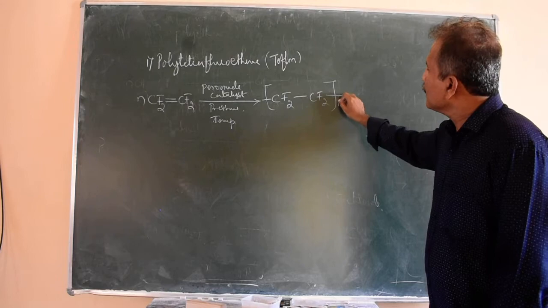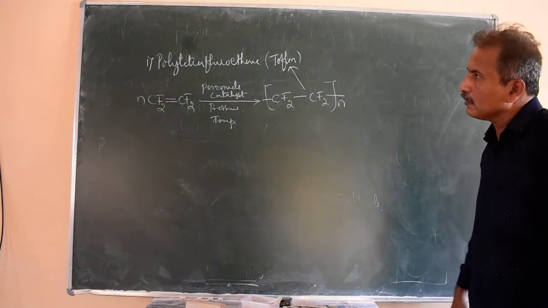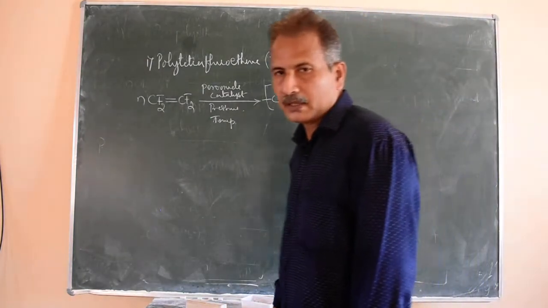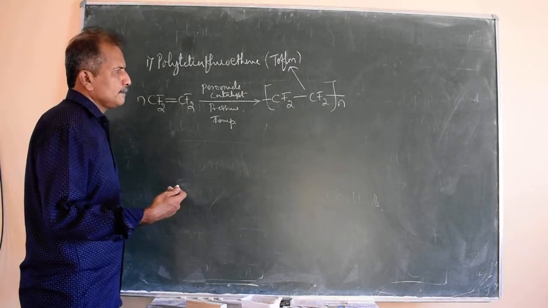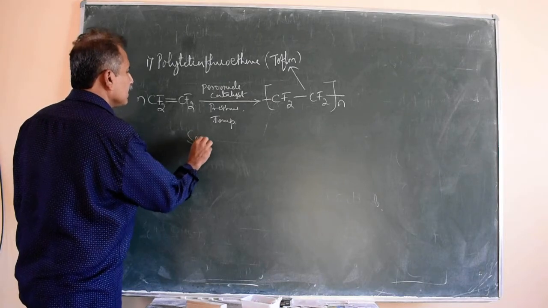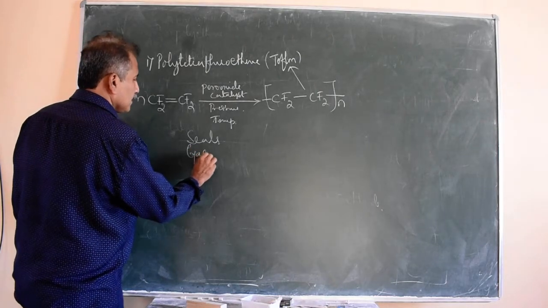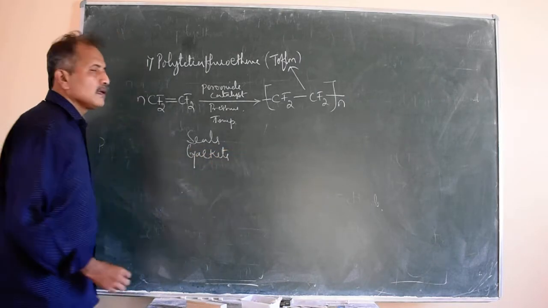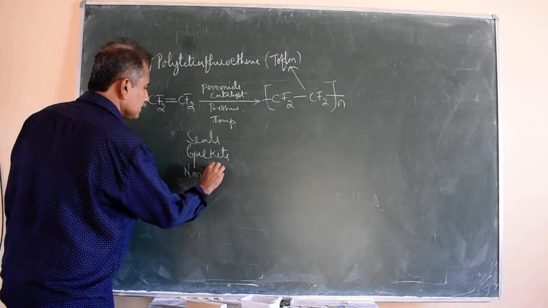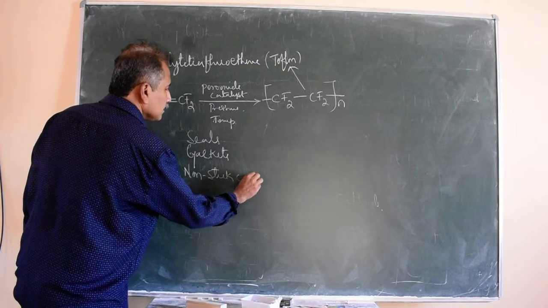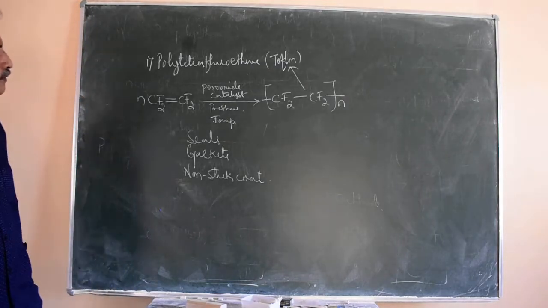So this n number of times is Teflon or polytetrafluoroethylene. Okay, mostly used to prepare seals of engines, even gaskets. Then as a non-stick coat. So these are the various uses of polytetrafluoroethylene. Right?